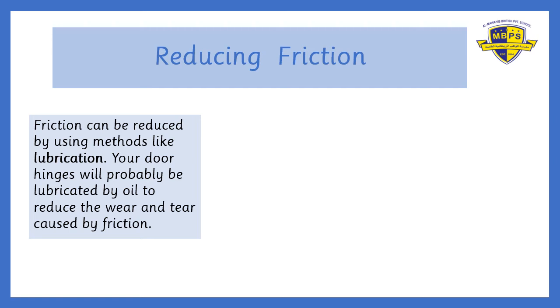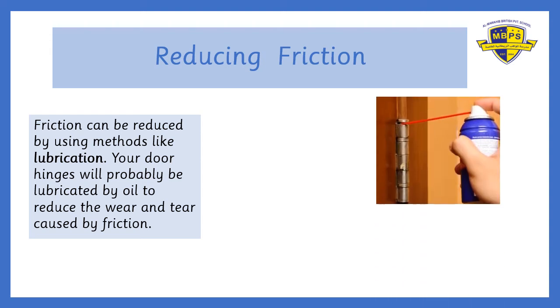Friction is useful, and at times it also becomes bad. Suppose you have balcony doors and doors in your houses, and after some time they start making a noise when you open them. It makes a creaking noise, and that you can remove. How do your parents remove that? They apply oil or grease to it, and this process is called lubrication. By lubricating, that means making the surfaces wet, they don't have as much friction and can easily slide over each other.